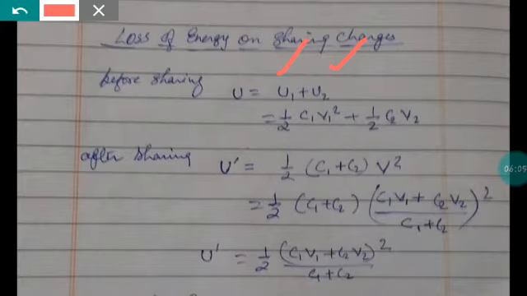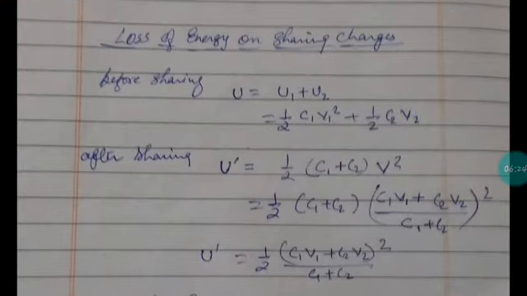The first capacitor has stored energy half C1 V1 square, and the second one has stored half C2 V2 square. I forgot to write the square here, so you will write half C2 V2 square. Understood?